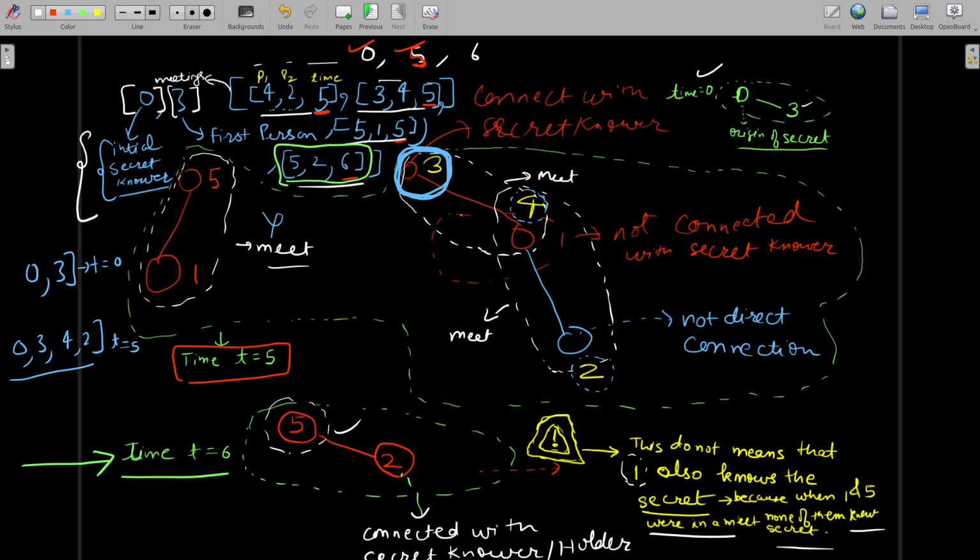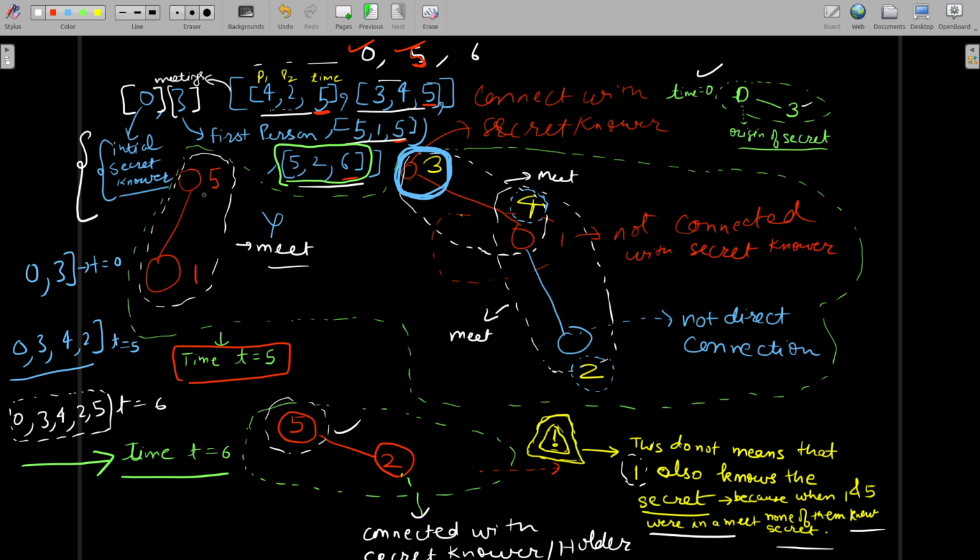So at time t is equal to 6, how many people will be knowing the secret? 0, 3, 4, 2 and 5 will also come to know about the secret, but 1 will not, because when 1 was having a meeting with someone, at that time neither 1 knew the secret, nor that person, which was 5, knew the secret.